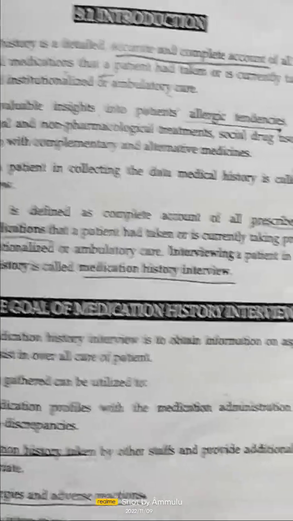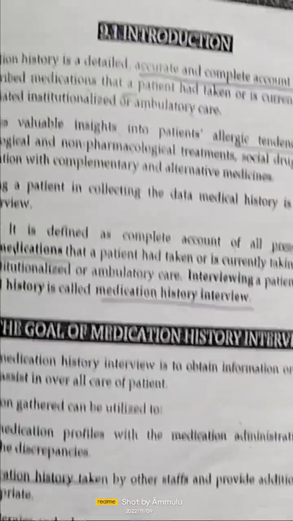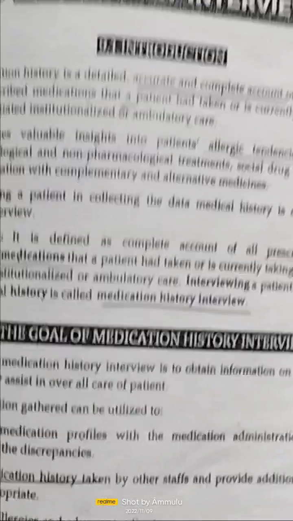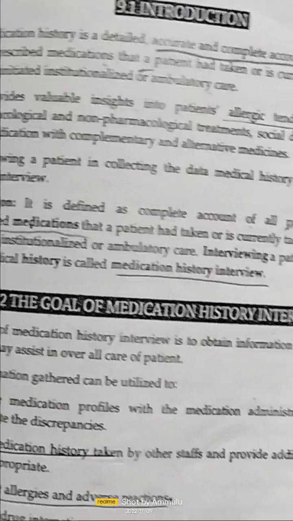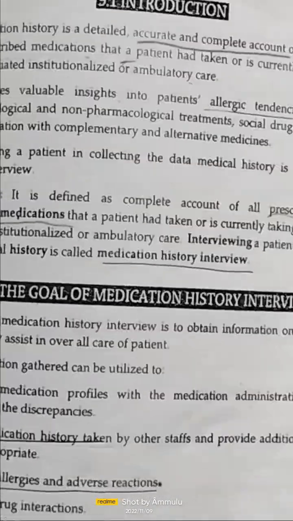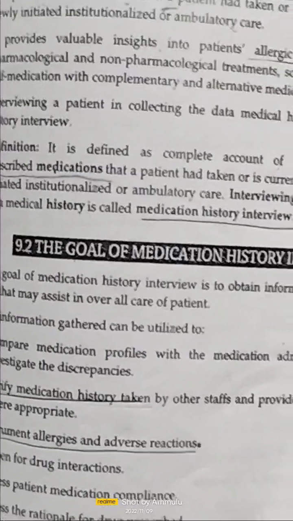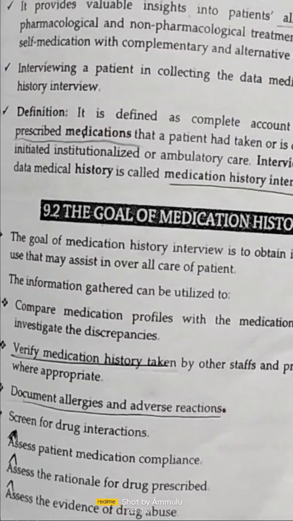The main goal of this medication history interview is to obtain information on the aspects of the drug use in all care of the patient. The information gathered can be utilized to compare the medication profiles with the administration record and dispensing records.